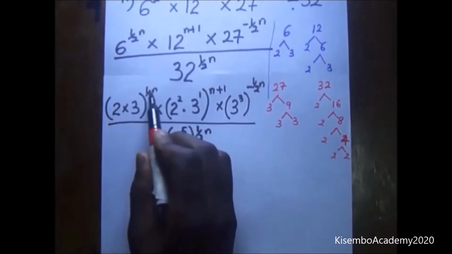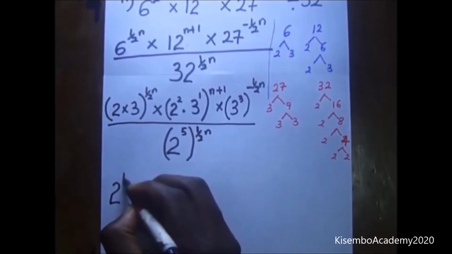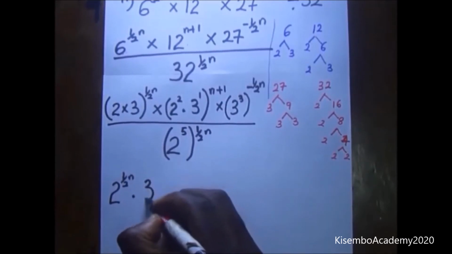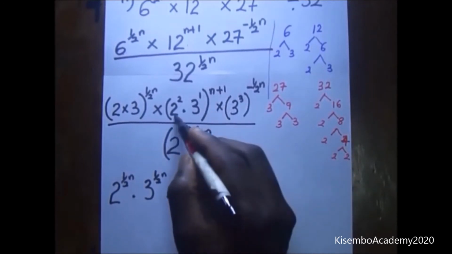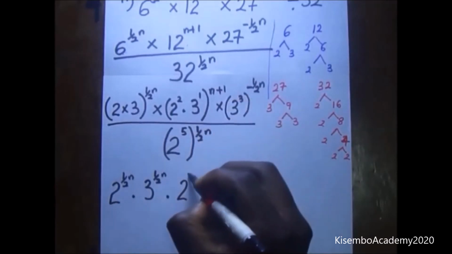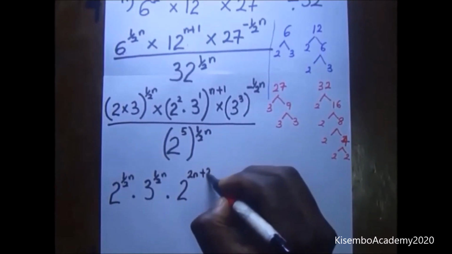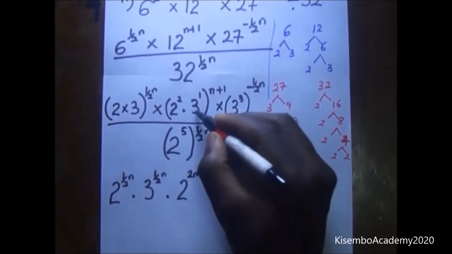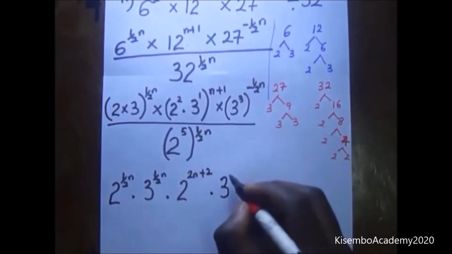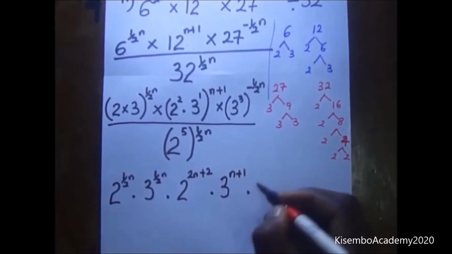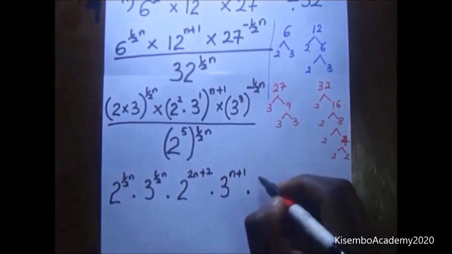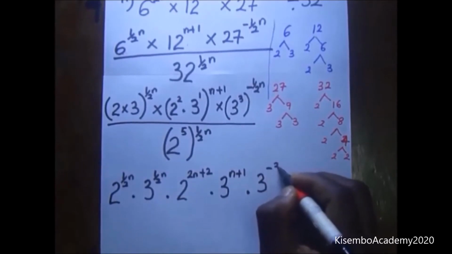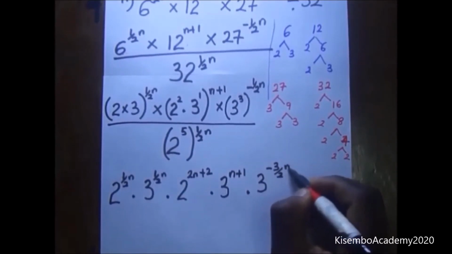This becomes 2 to the power half n times 3 to the power half n, times 2 to the power 2n plus 2 times 3 to the power n plus 1, times 3 to the power negative 3 over 2n.